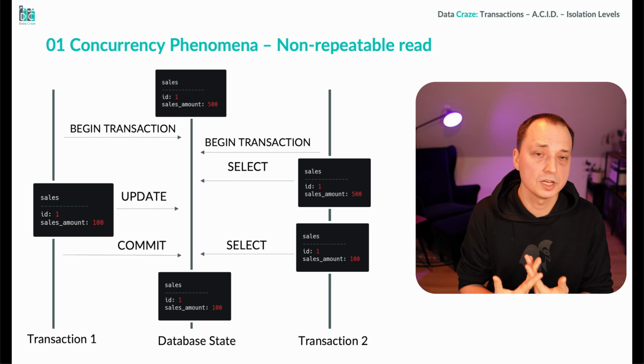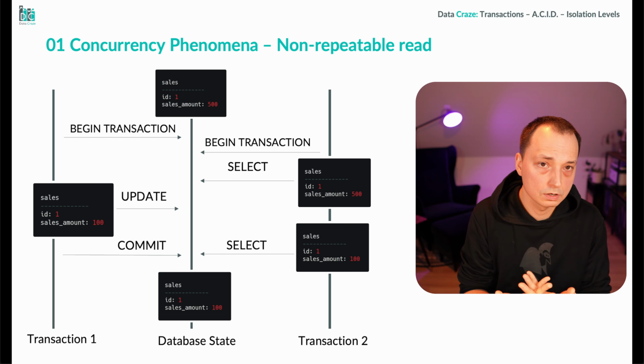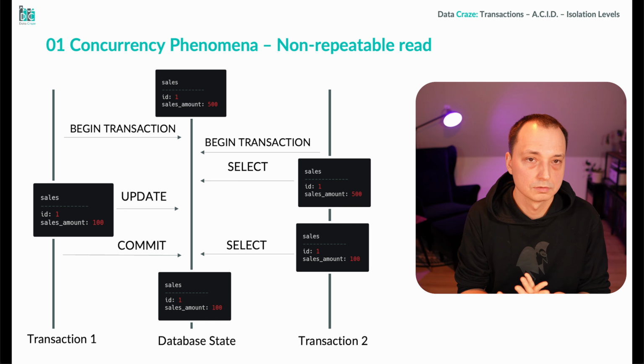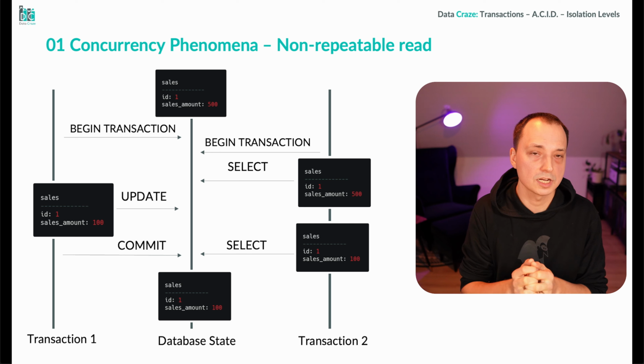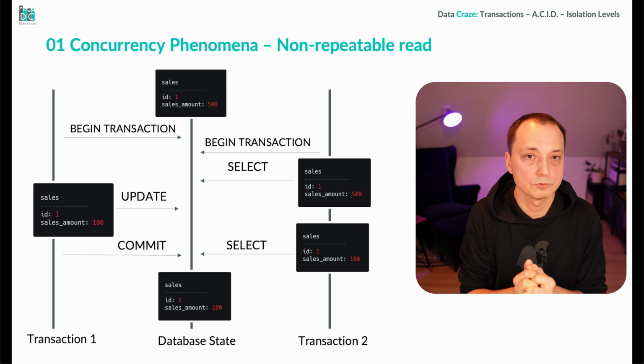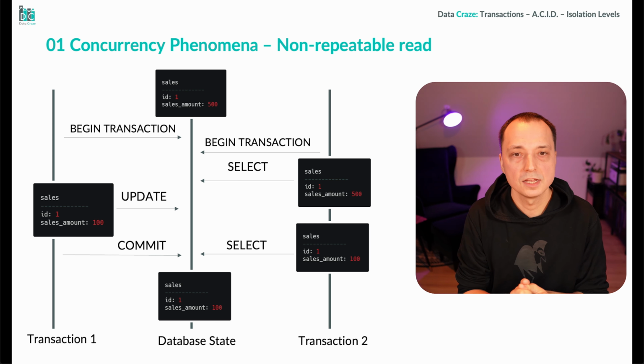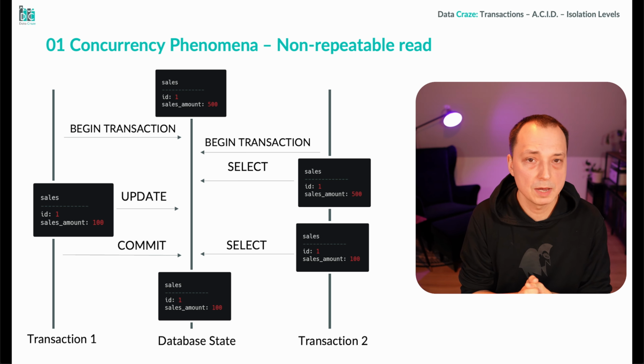And again, this may lead to some problems because let's say we have a bank account, we started the transaction and are checking the values. So the state of the bank account was 500 when we started the transaction. Now we want to make a payment and we are checking, okay, can we make a payment for $200 from this account?